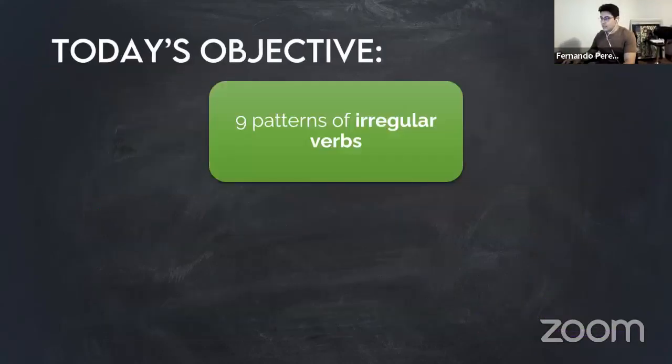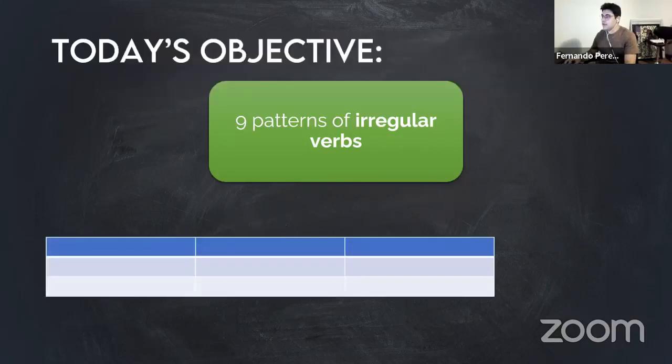Originally, you can talk about verbs like, for example, insert. You have words like go, and then you have the past, which is went.